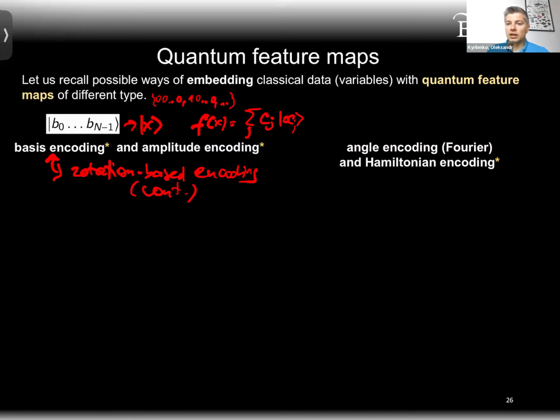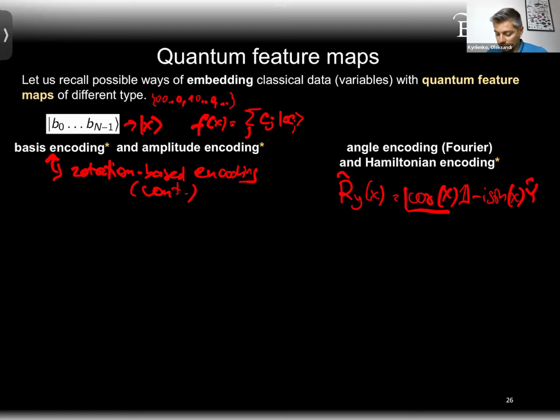So how does this angle-based encoding work? In the same way as I have shown before. So from the quantum circuit learning, we know that if I take Ry operator as a function of x, that will be just cosine of x identity minus I sine of x, y.